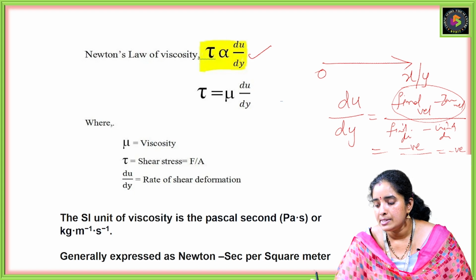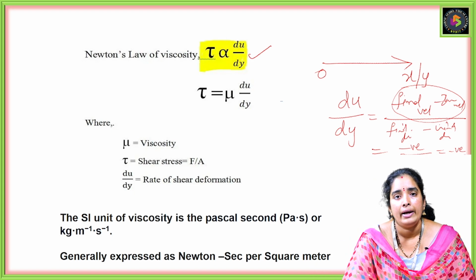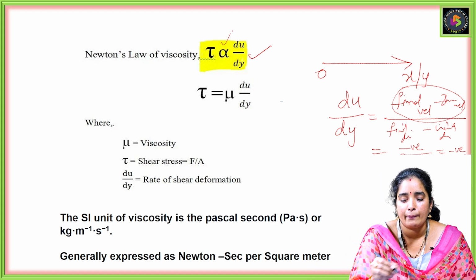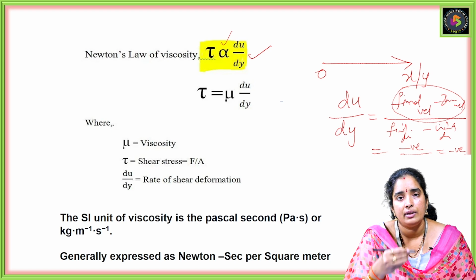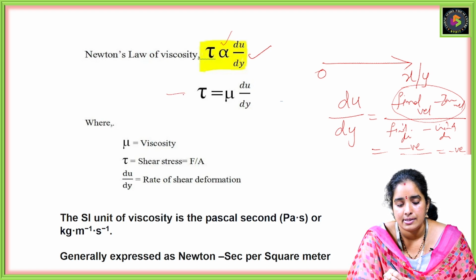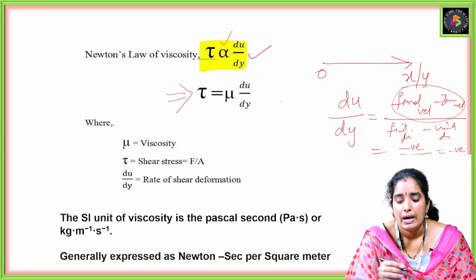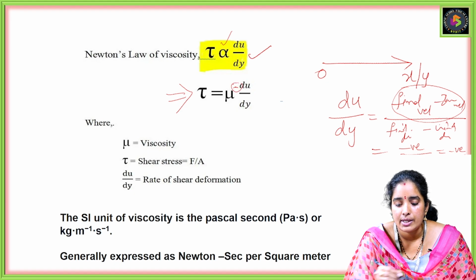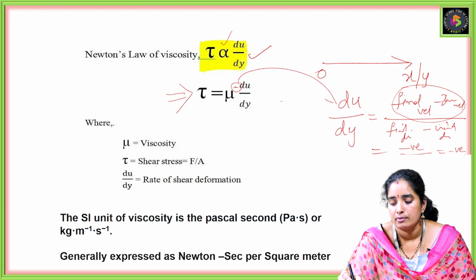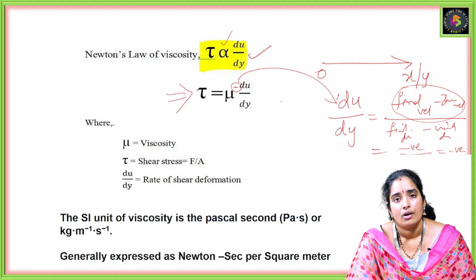So, to compensate for the negative value and by removing the proportionality constant, we can rewrite Newton's law of viscosity as tau is equal to minus mu du by dy, where this negative sign indicates this.